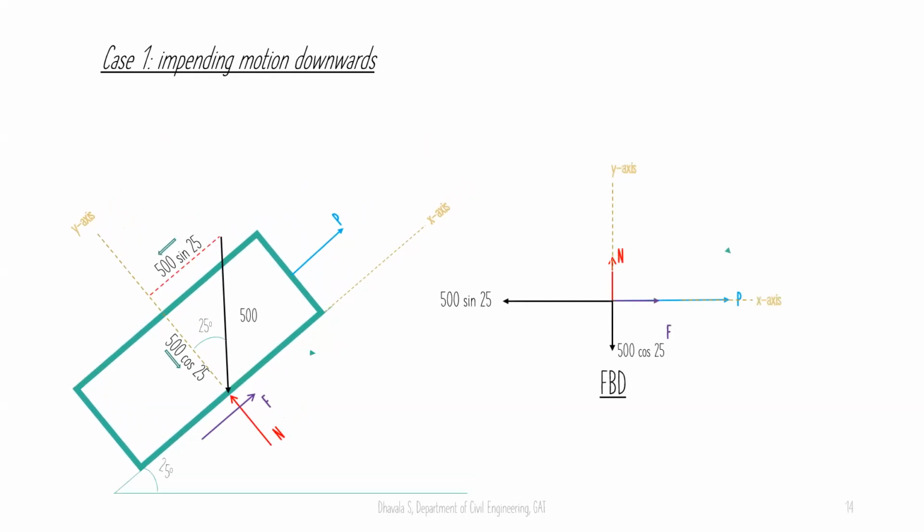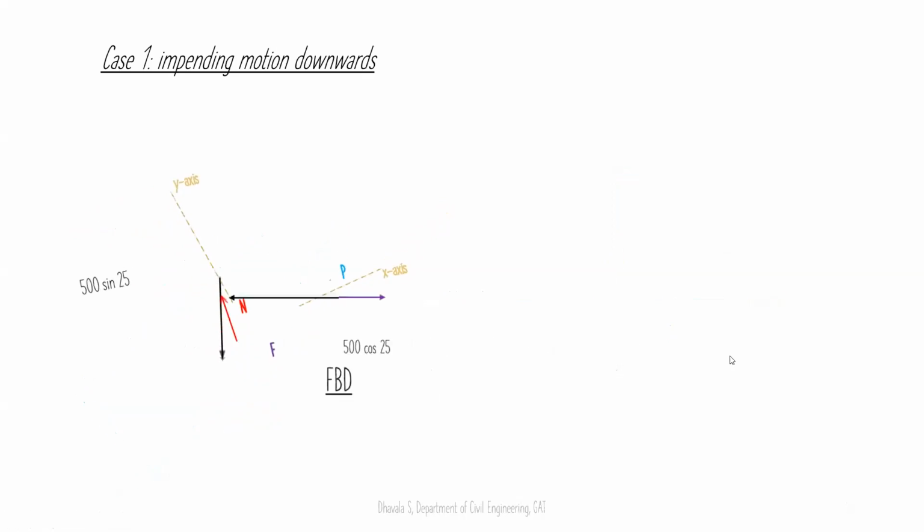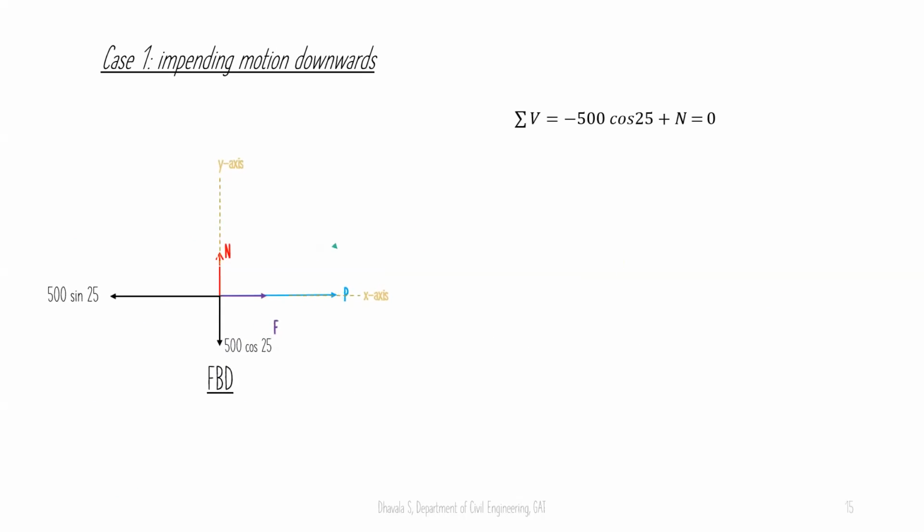Now, next, writing the free body diagram, separating all the components in it, we have normal reaction, 500 cos 25, 500 sin 25, F and P. Solving with our usual notations, summation of V is equal to 0, thus N will be equal to 453.15.